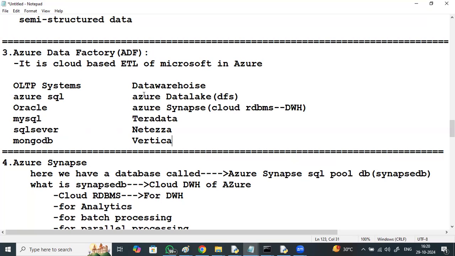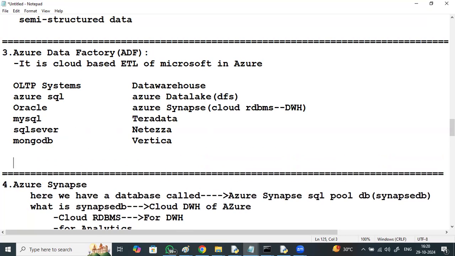All this comes in data warehouse. Where will ADF come? ADF doesn't come in OLTP.